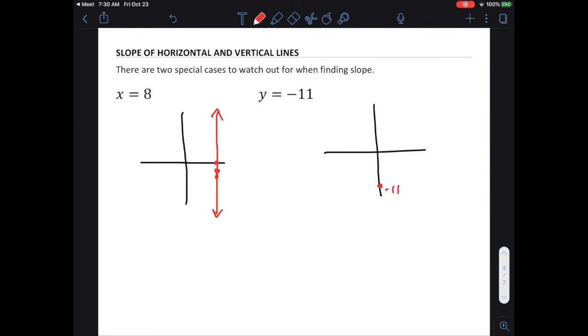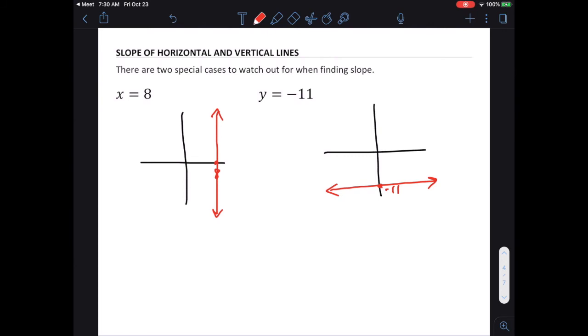And this is telling us that y is always -11. So no matter what the x value is, I'm going to have -11. So I just draw a horizontal line at y equals -11.